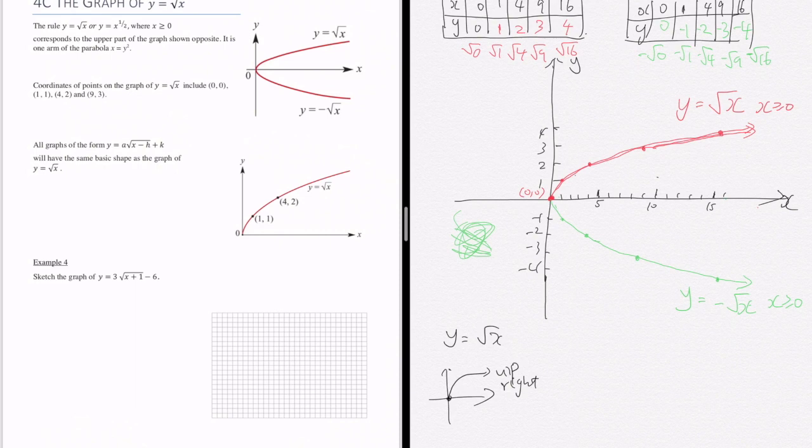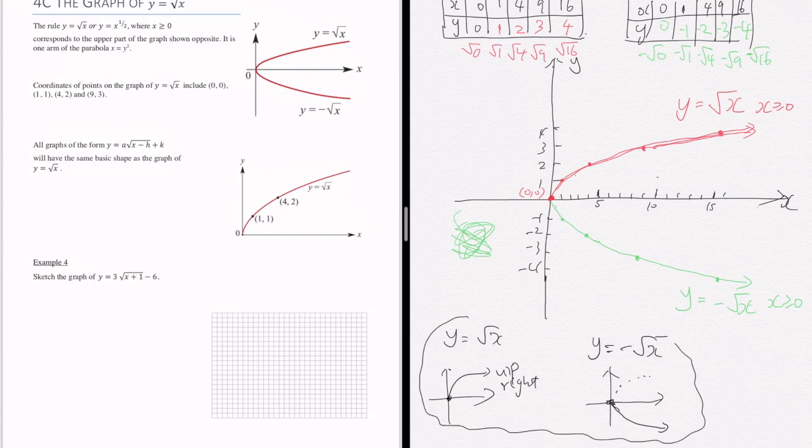Also I know y equal to negative square root x is kind of reflected. Initially the graph is over here, but for the negative it is reflected in the x-axis. So this is my starting point at the origin, and this is the graph for y equal to negative square root x.